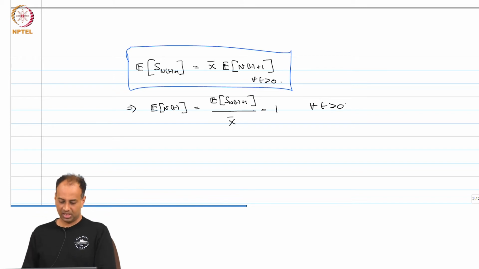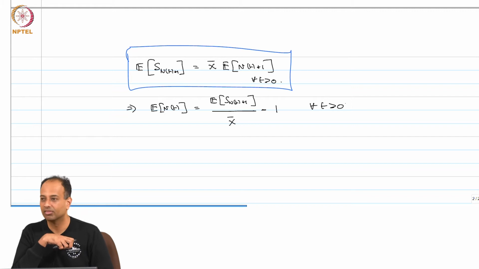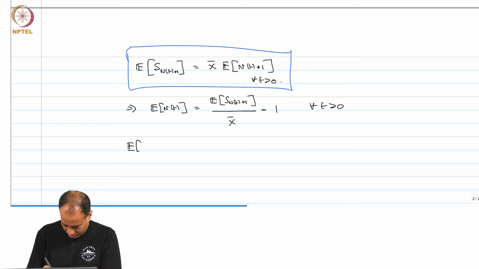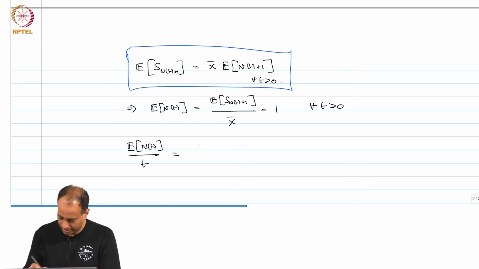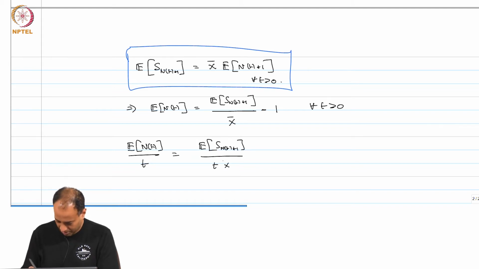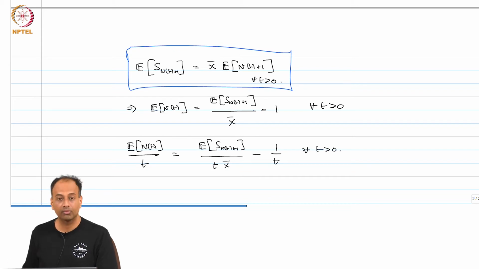What I want is expected n t over t as t becomes very large, correct. So, expected n t over t is equal to expected S n t plus 1 over t x bar, correct, minus 1 over t. Stay with me, I hope my algebra is correct.